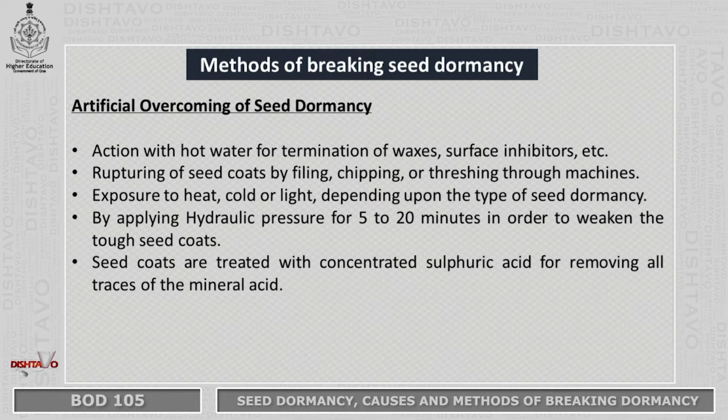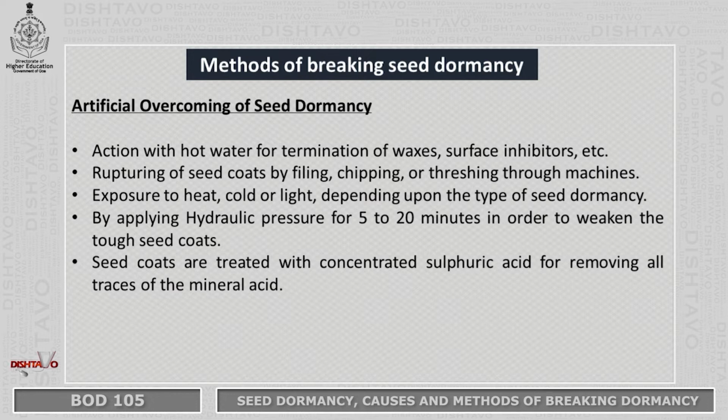Exposure to heat, cold or light, which depends upon the type of seed dormancy. By applying hydraulic pressure for around 5 to 20 minutes in order to weaken the tough seed coats. Another method is that seed coats can be treated with concentrated sulfuric acid, followed by removing all the traces of the mineral acid.